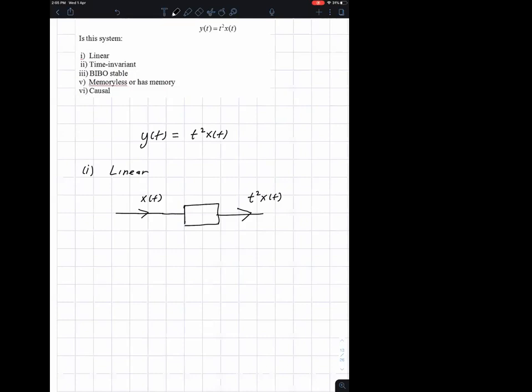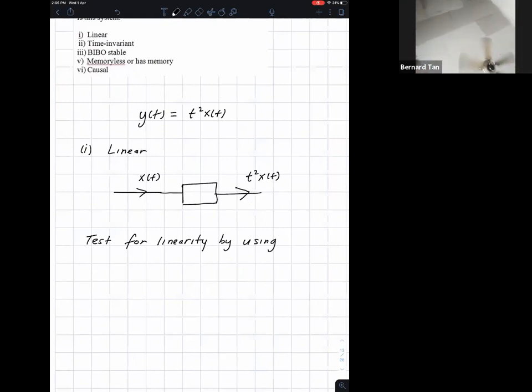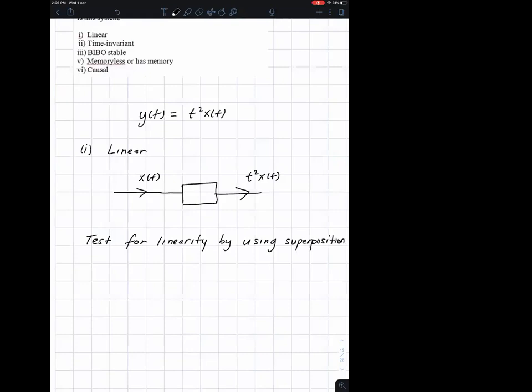So now we want to determine, we will test for linearity by using the principle of superposition.